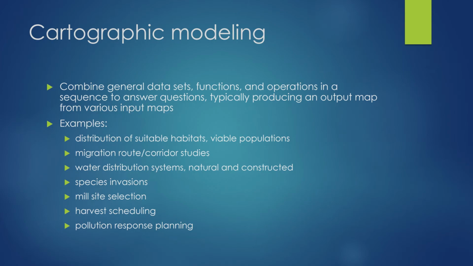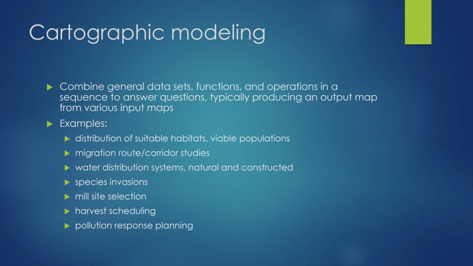Because the process of cartographic modeling is to take the data sets, the spatial data sets, determine which spatial data sets you need, and then get them to answer the questions that you need answered by chaining them together. So the reason that it's called cartographic modeling is that each step involves taking GIS data, running a tool or an operation on that GIS data, and then getting a different GIS data set as a result.